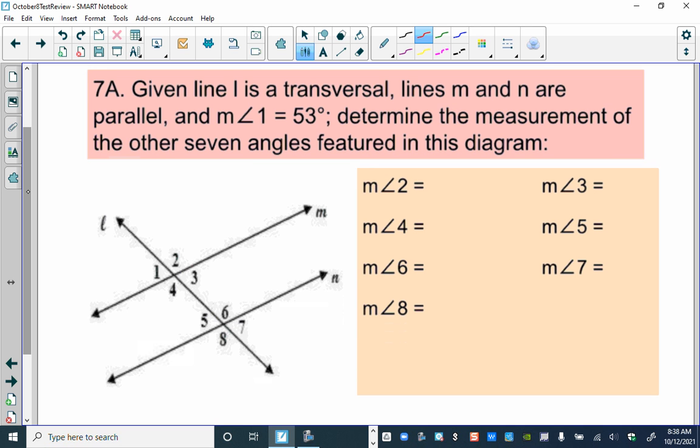Problem 7A, we're going to do in class. 7B, though, we're going to look at again on Thursday because 7A and 7B are basically the same thing. I don't want us to look at the same thing twice. I want us to look at a little bit of everything today, a little bit of everything next time. Understand where we're going with this?